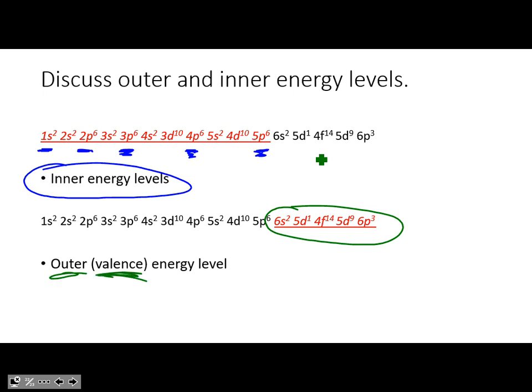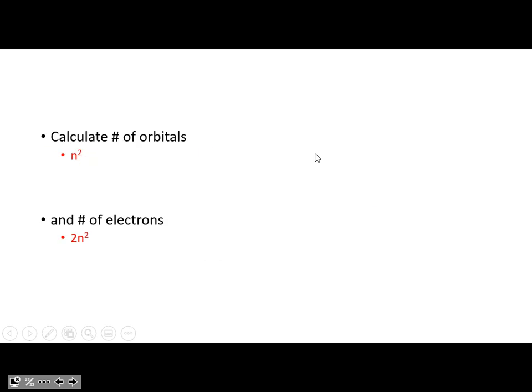And we'll talk about valence electrons when we deal with bonding coming up next chapter. Okay, so inner energy levels would be those here. The outer energy level would be the very last energy level that we have. Questions about that? All right, the final thing you're going to need for your WebAssign are these things right here.